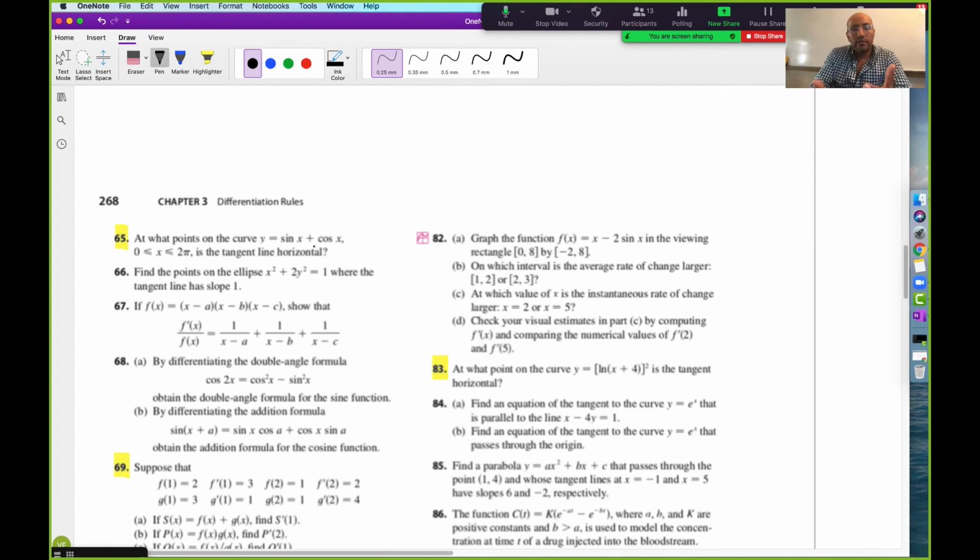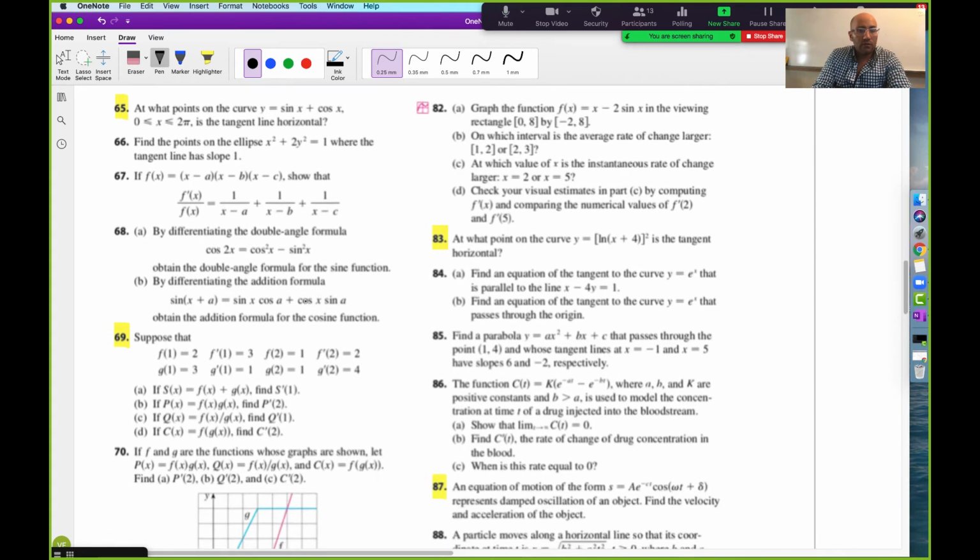So when is the slope of the tangent line equal to 0 is another way of phrasing the exact same question, right? That's what they're asking you for. So all we have to do is take its derivative and set it equal to 0 and figure out when that is. Good. I think that should be okay. Try that out.